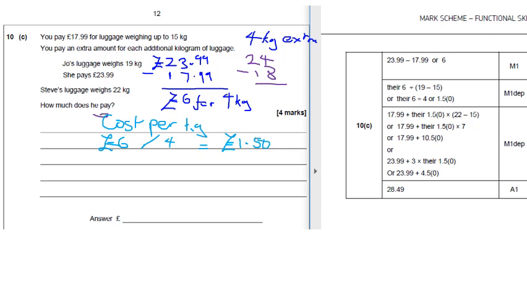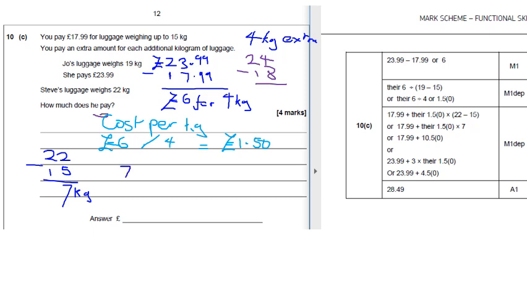Okay. Steve's luggage is 22k. So minus the 15 that he's allowed makes 7k. Oh, I'm a bit confused now. Sorry, it was this 6 and that 7 that were confusing me. £6, 7k.